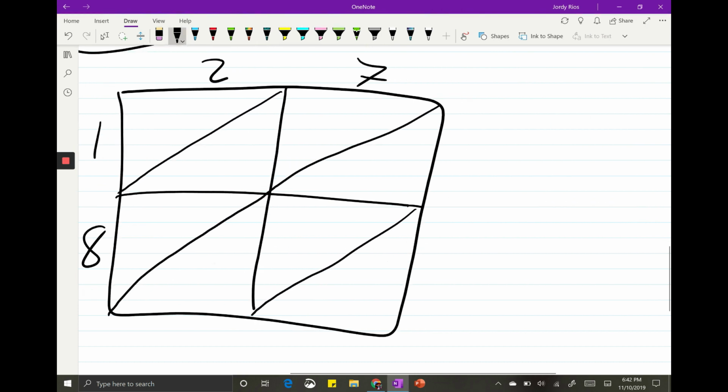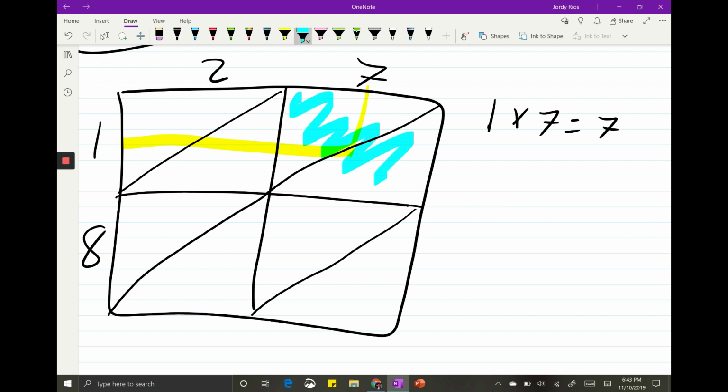So when we're multiplying, I'm going to put all my math to the side. Let's start off with this one, 1 and 7. 1 times 7, I know that's going to be 7. In this area right here, I have 2 slots I have to fill.